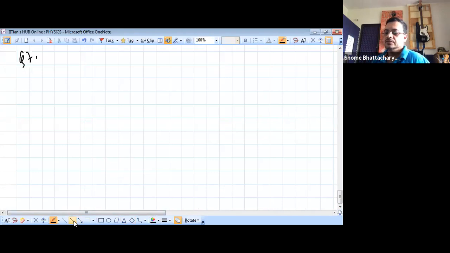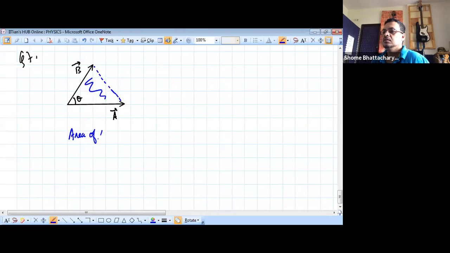So it's like this: if you have two vectors A and B, which are at an angle theta, and we want to find the area of the triangle. The area of a triangle is half into base into height.